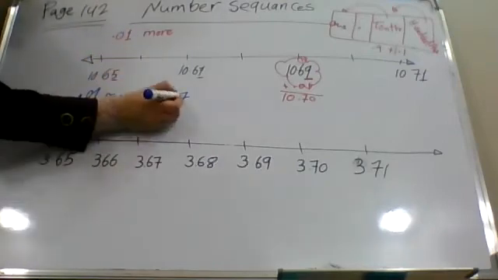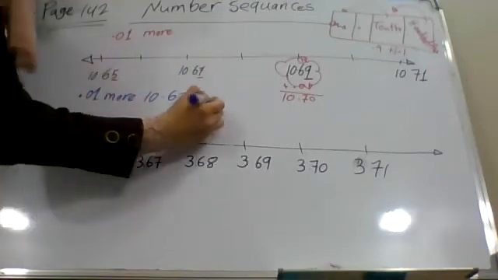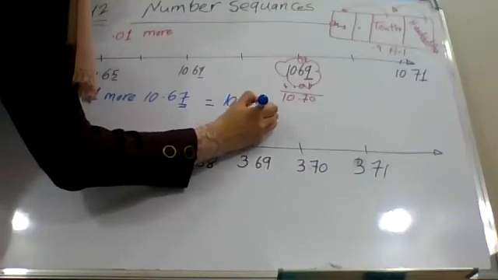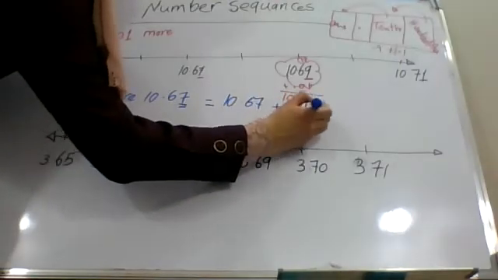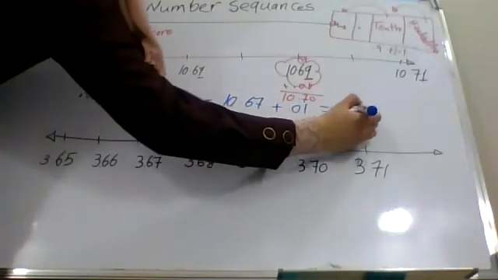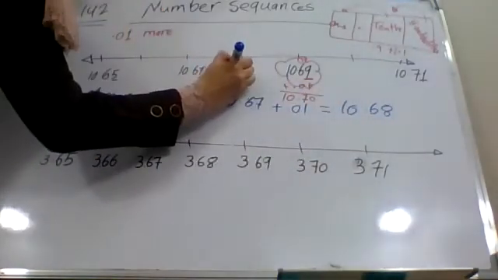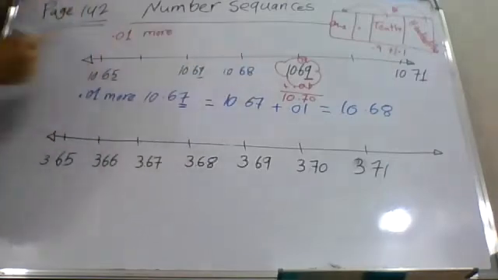What is the 100th place? It's number 7. So we are adding to the number 7. So it's 10.67 plus 0.01, which is equal to 10.68. So the missing number is going to be 10.68, okay?